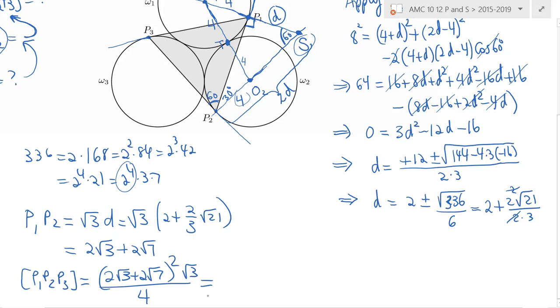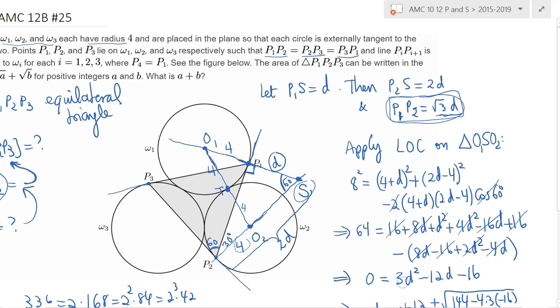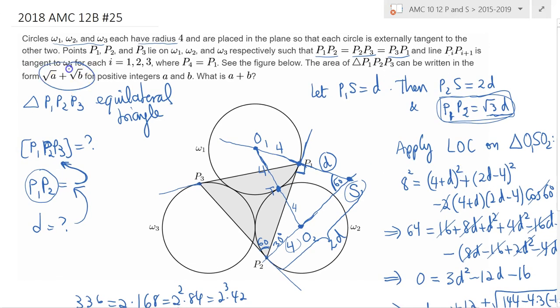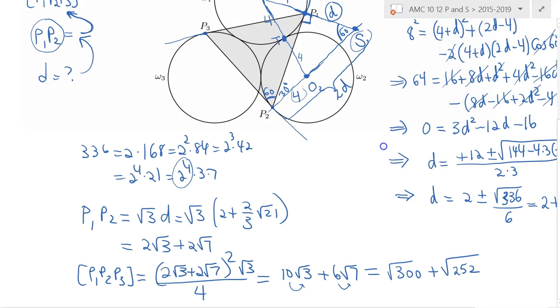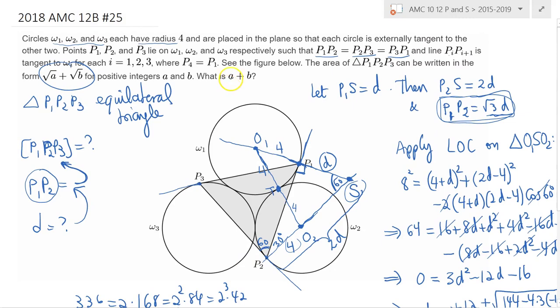When you finally expand all this and do the simplifications, I believe we get 10 root 3 plus 6 root 7, which is simply equal to, because the question is clearly asking to give us in this format, we need to bring the 10 and the 6 inside the square root, so we would have square root 300 plus square root of 6 squared is 36, 36 times 7 is 252, and boom, so square root 300 plus square root 252, so 300 plus 252 would be 552, and we are done with this problem as well.